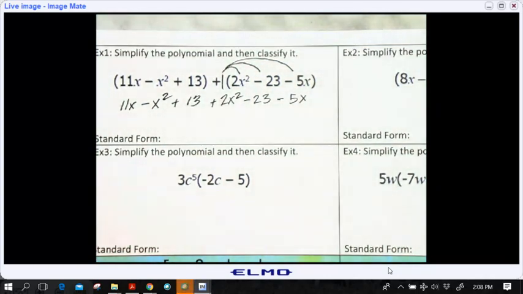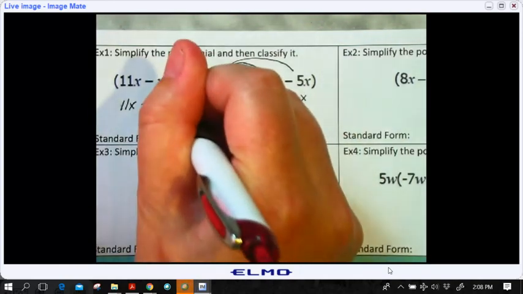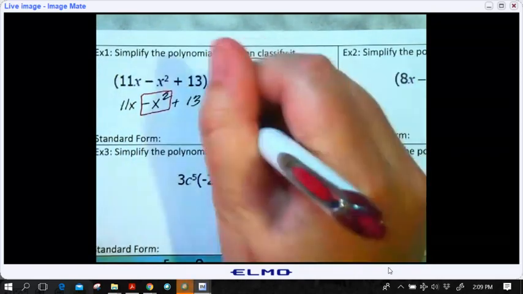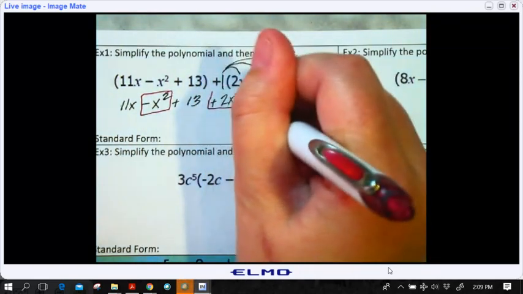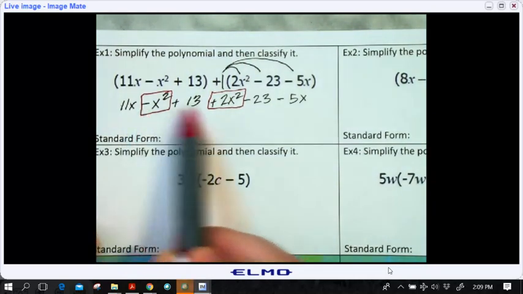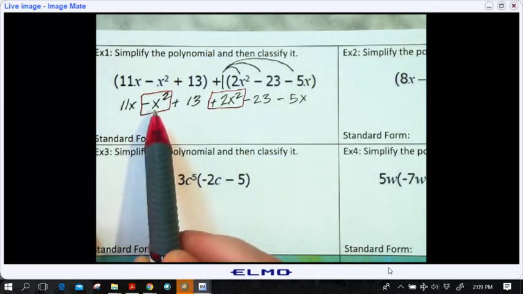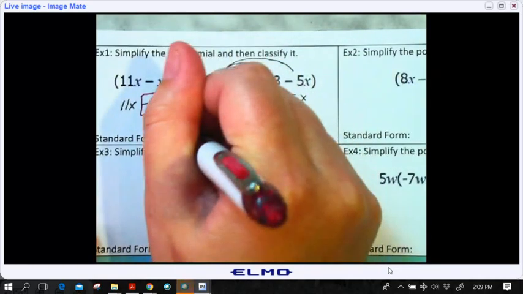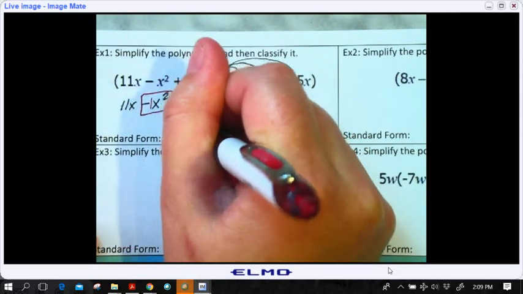So let's look for all of our highest exponents, so our x squares. And I am going to color code these guys, okay? So negative x squared, positive 2x squared. Notice I also marked the sign that's in front of them. So negative 1 plus 2 gives me 1x squared.